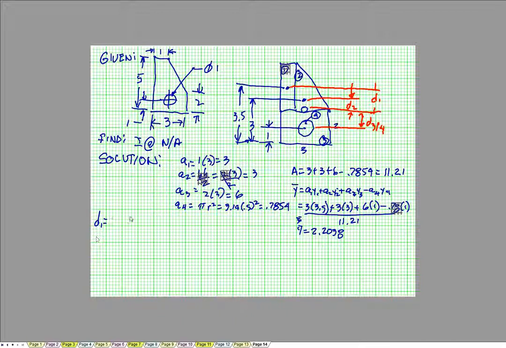Distance 1 equals 3.5 minus 2.209 blah blah blah, which equals 1.296. Distance 2 equals 3 minus 2.2, and that is 0.7962. Distance 3 equals distance 4, which is 2.2 minus 1, 1.2038.